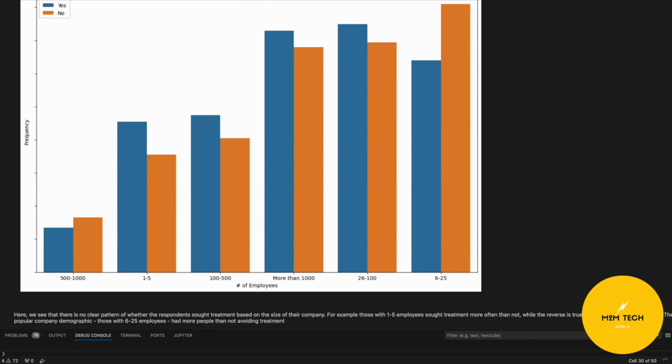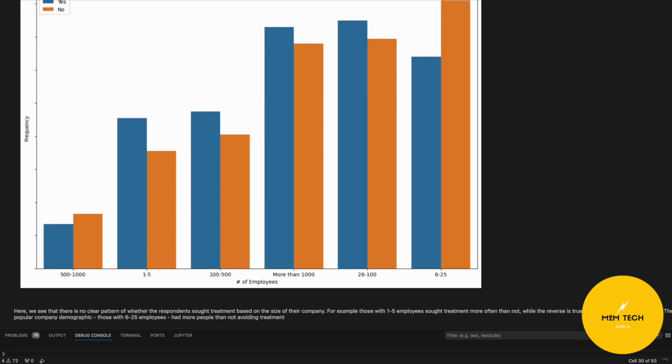We had those with 6 to 25 employees having more people as no's than yes's, so they were avoiding treatment. Those with 500 to 1,000 employees had the same thing, more no's than yes's. Then those with more than 1,000 had more yeses than no's. So there wasn't a clear pattern to it.